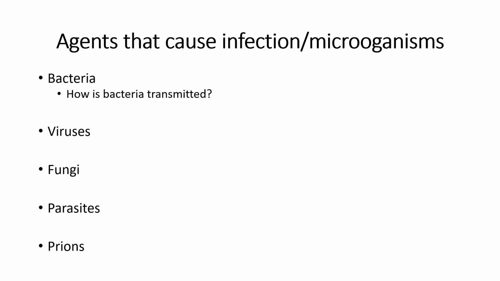So agents that cause infections, what are these microorganisms we're talking about? So we're going to first go over bacteria. They're a single cell and they live independently, and they're of course certainly capable of causing disease in humans and making humans very, very ill. And they're capable of initiating that inflammatory response, right?